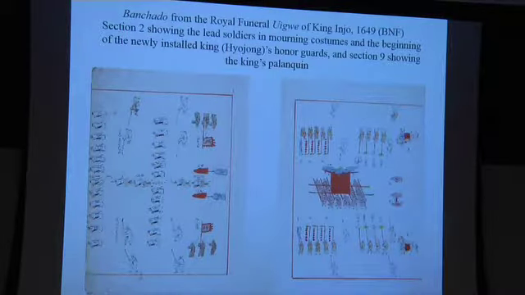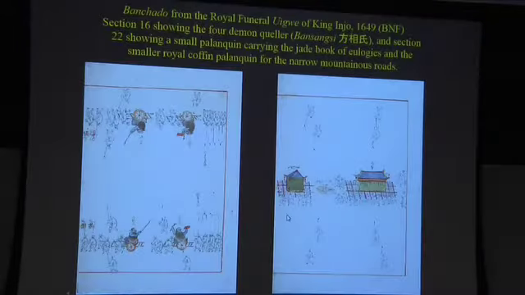And this, now you can see the difference, the white costume for the funeral of most of the people here. But now from here, it's the procession of newly installed king. After 5 days, the crown prince assumes the kingship, and that's his normal honor guard.